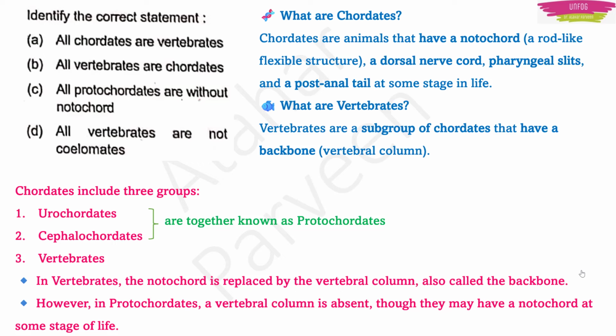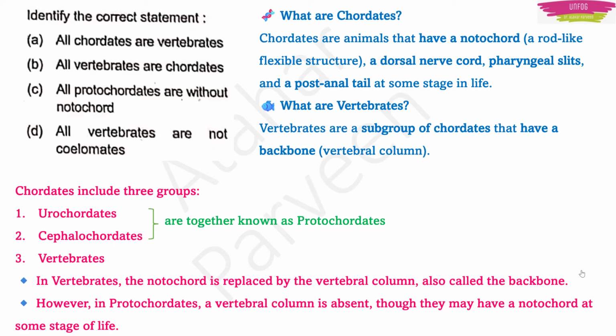Whereas in vertebrates, we told that there is a vertebral column, right? Actually, the notochord which is present in chordates is replaced by the vertebral column here in vertebrates. Usually we call it a backbone also. Whereas in protochordates, the vertebral column is absent. They may have a notochord at some stage of life, that is a different thing, but the vertebral column is absent.